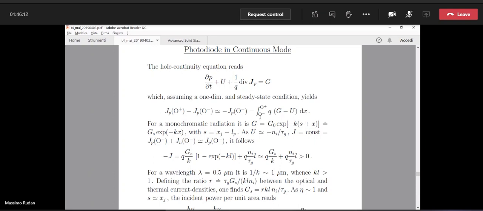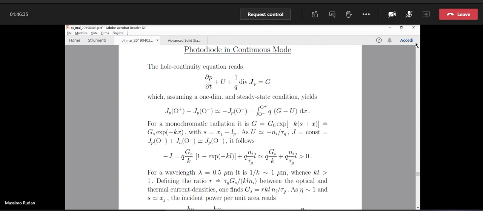So we have just a fixed absorption coefficient K. You remember that G is proportional, with the constant G0, to the exponential of minus Kx in general. Here we have minus K(s plus x).